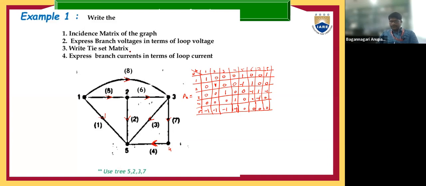Hemant, call him and make him respond once.